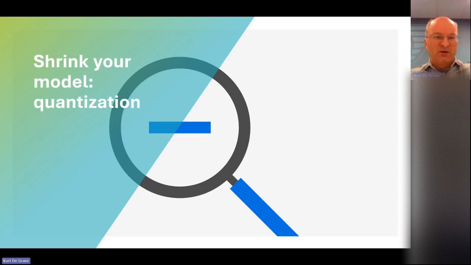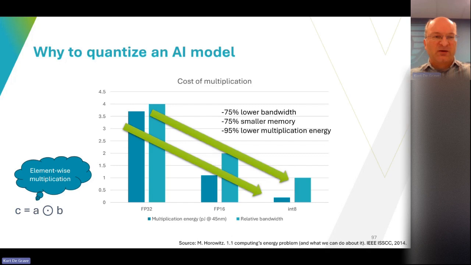Okay, now quantization. That's quite important if you want to run local LLMs. Why is that? Well, that was already realized a long time ago. So these numbers are from more than 10 years ago.